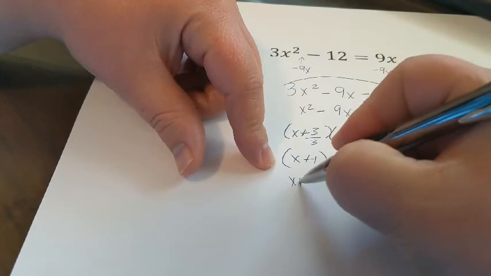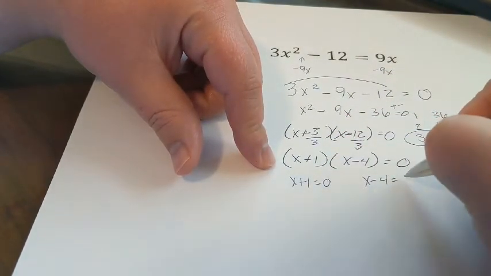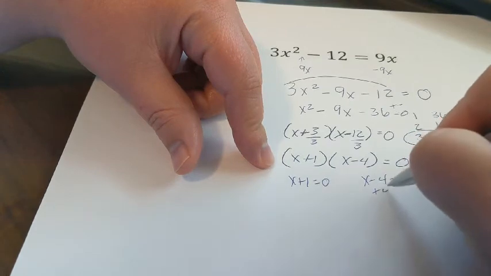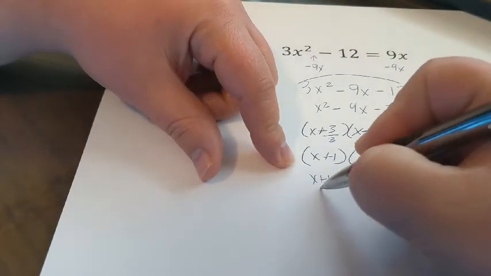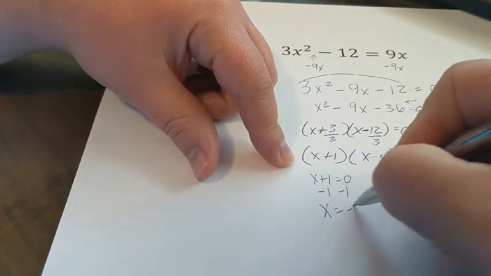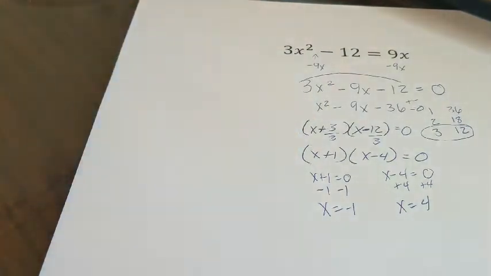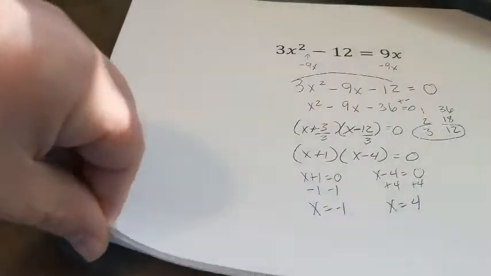So x plus 1 equals 0 and x minus 4 equals 0. Plus 4, minus 1, so x equals negative 1 and x equals 4.